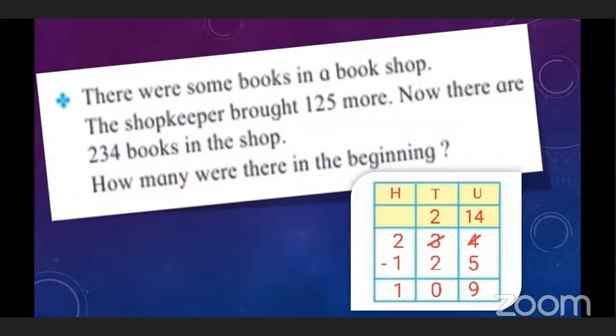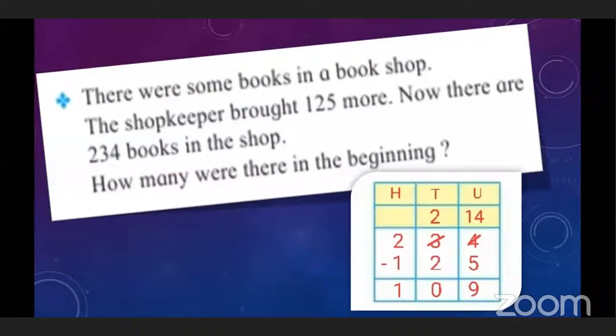If we consider the steps of solving a word problem, here what we are going to find is in the last line, which tells us how many were there in the beginning. This thing we have to find out. How many books were there in the beginning?